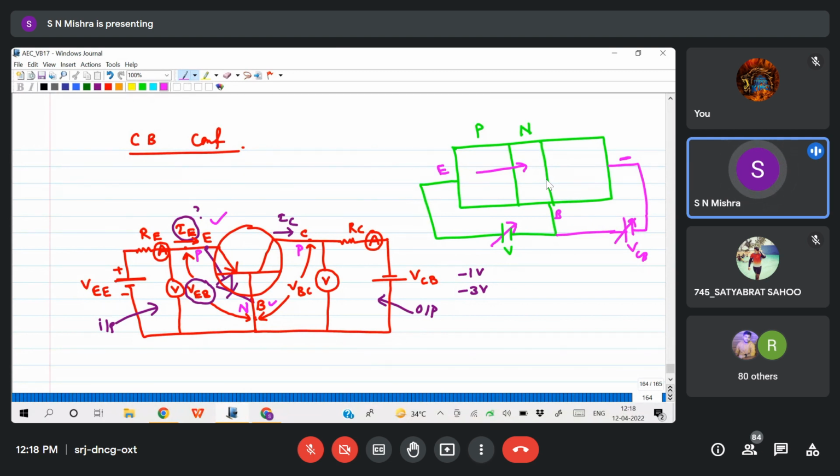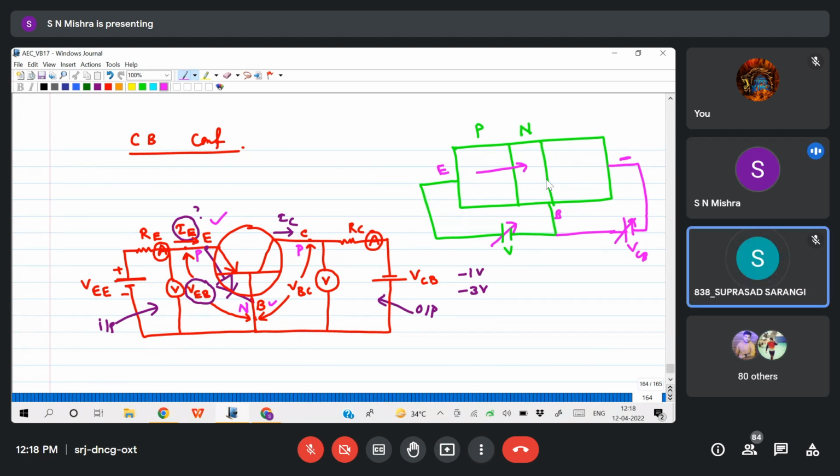Two concepts we have already discussed. When VCB increases, what happens to the depletion region across the collector base junction? Wider or narrow? If the junction is reverse biased, is the depletion region more or less? More.